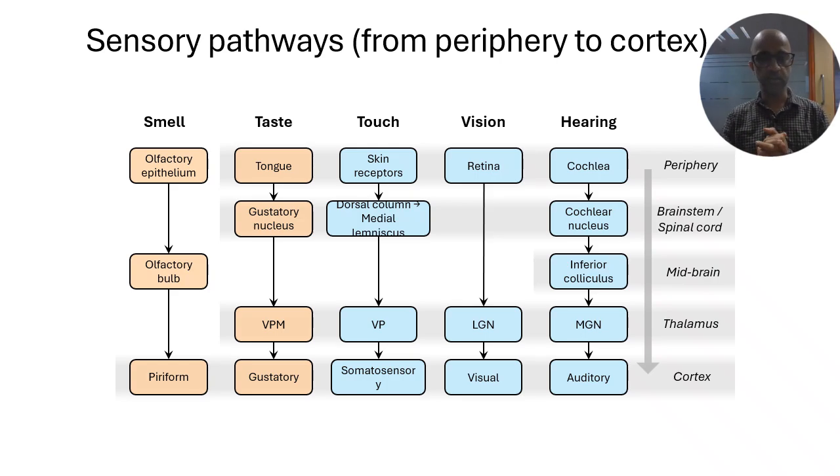In these couple of lectures, we're going to talk about sensory systems as well as higher order cognitive systems, with an example of the spatial navigation system.